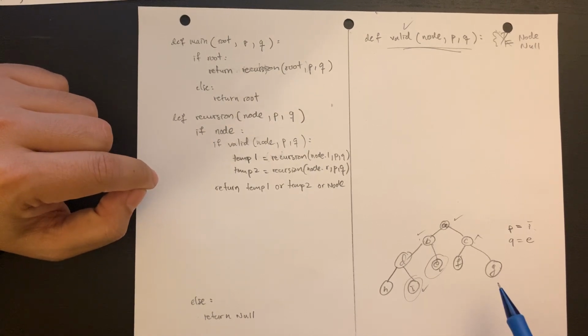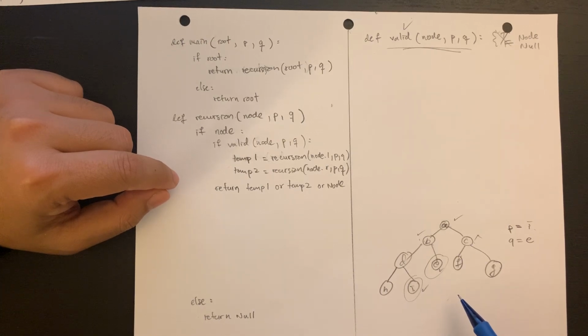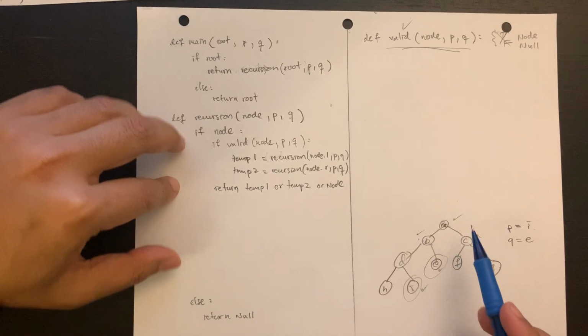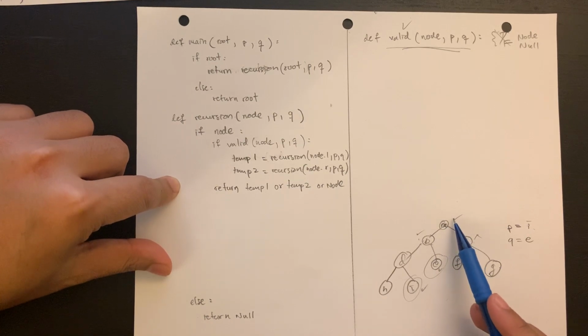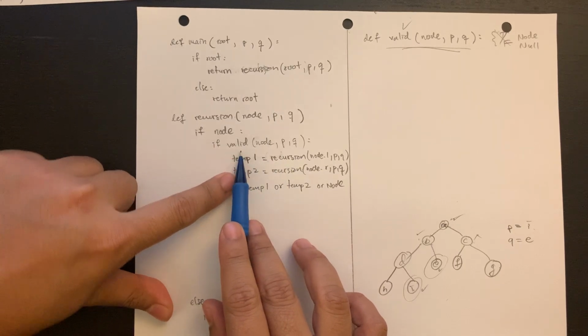All right. So A is checked, and since it's checked, it's valid.